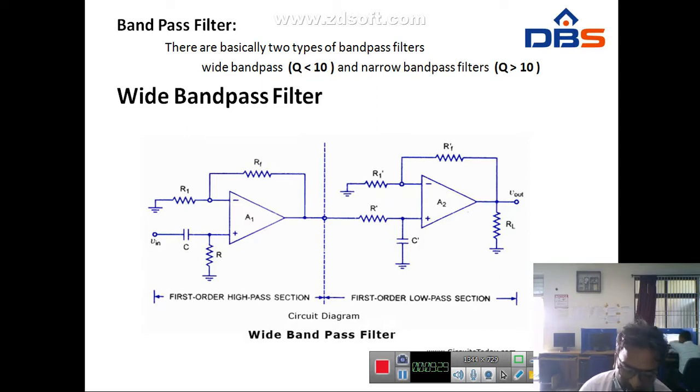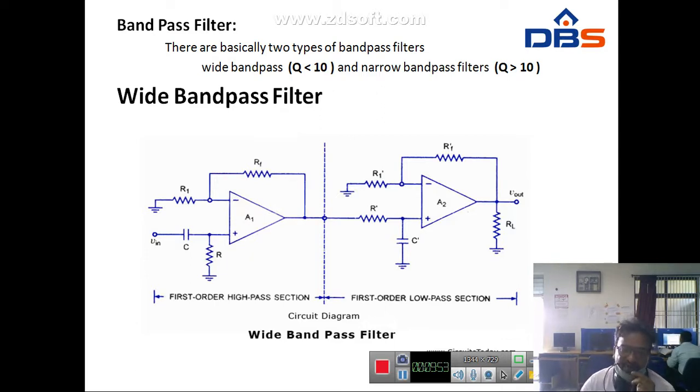for the wide band filter, where the center frequency can be defined. FH is the higher cutoff frequency and FL is the lower cutoff frequency of the wide band pass filter. In a narrow band pass filter, the output voltage peaks at the center frequency.